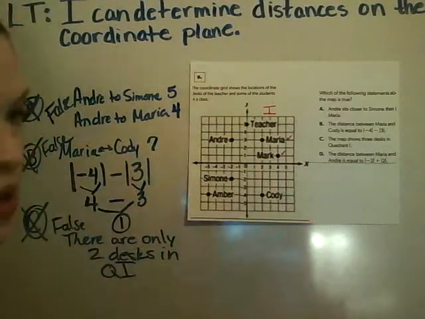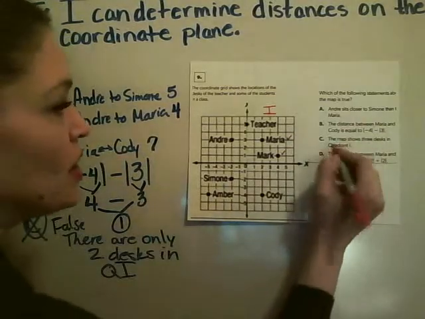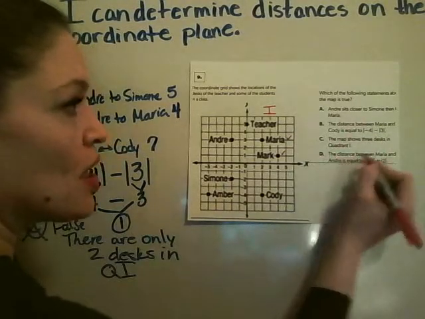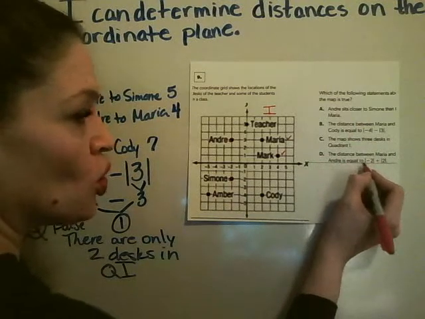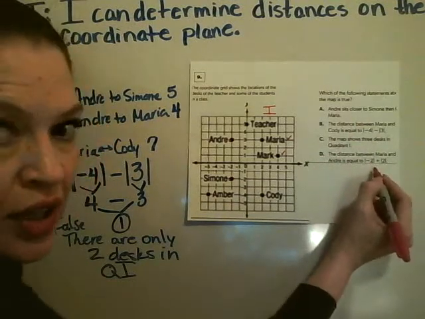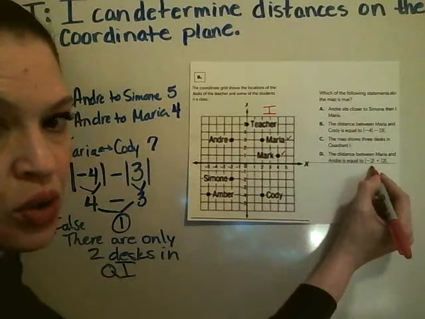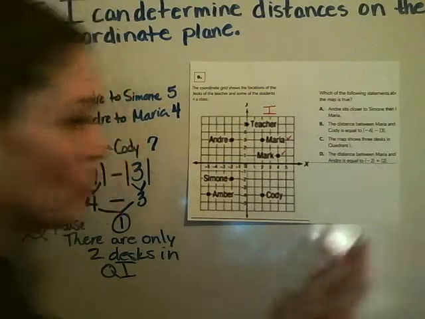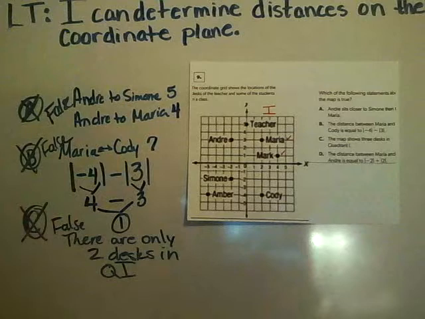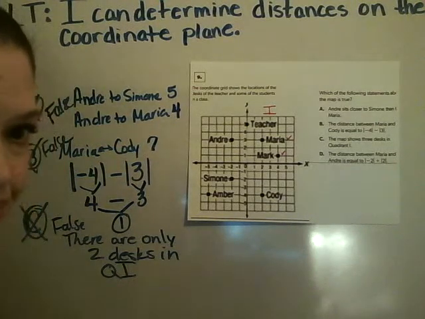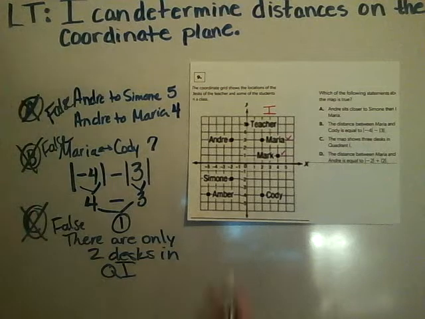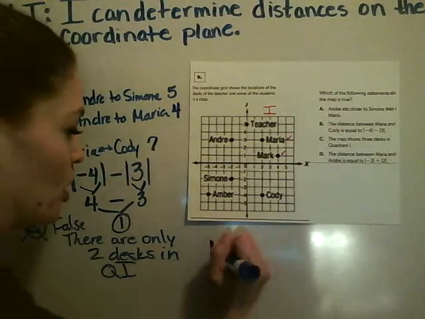All right, let's see what's going on with D. D says the distance between Maria and Andre is equal to the absolute value of -2 plus the absolute value of +2. All right, I'm running out of room, so I'm going to put my work for D down here.